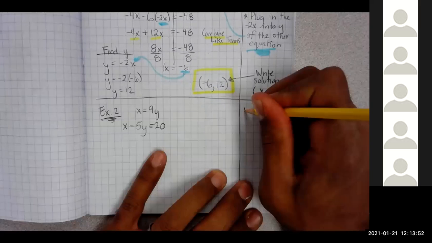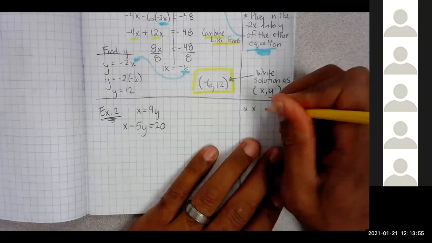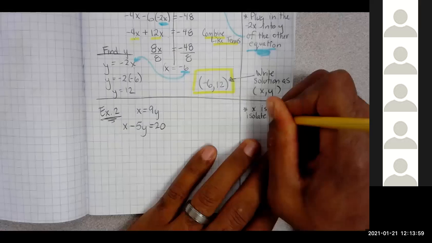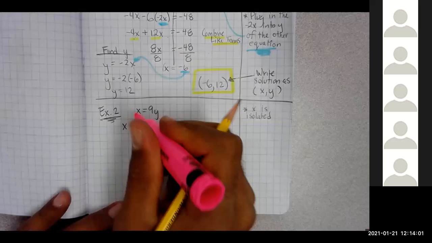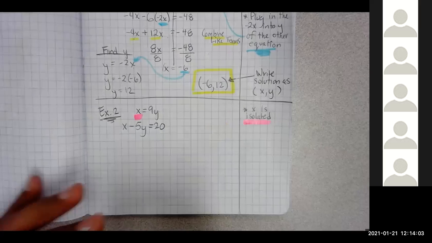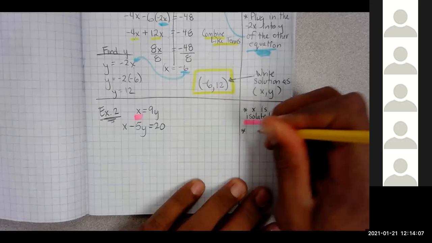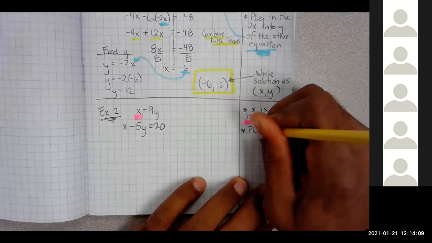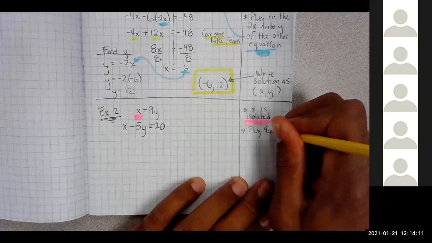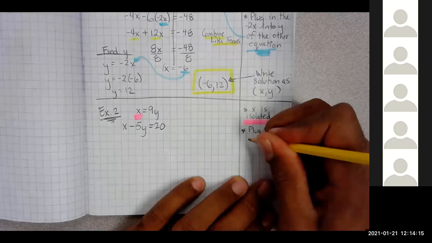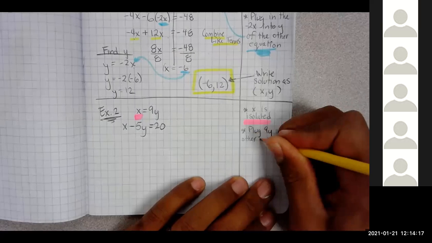So here, x is isolated. I'll highlight that pink just to emphasize what I'm talking about. Okay, then we're going to plug 9y into the other equation.